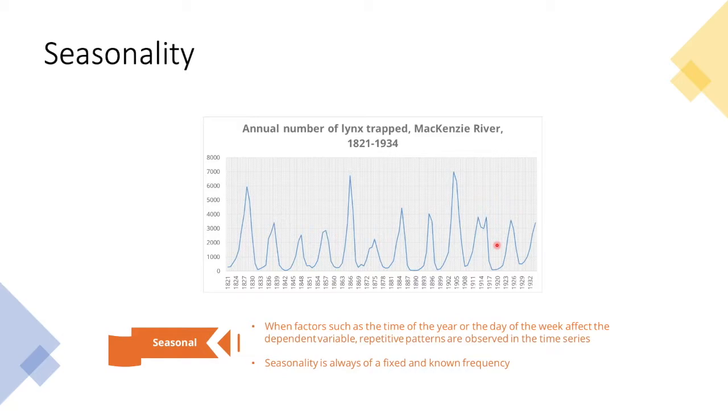And seasonality. A seasonal pattern exists when a series is dependent on seasonal factors such as the day of the week, month, or quarter of the year. Seasonality is always of a fixed and known frequency.